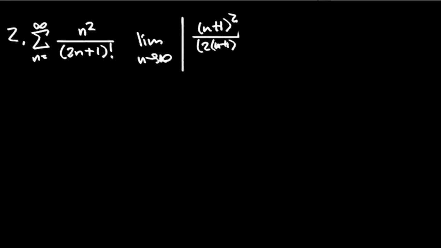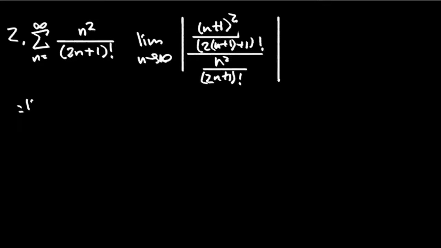The 2 is applied to the n, right? So that's (2n plus 1 plus 1) factorial, all divided by the original thing. This is going to be fun. You might see why this is going to suck a little bit soon.